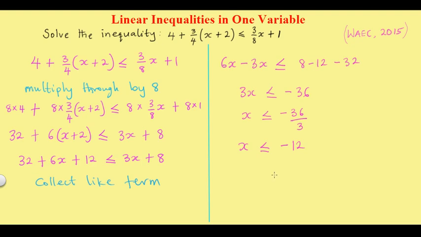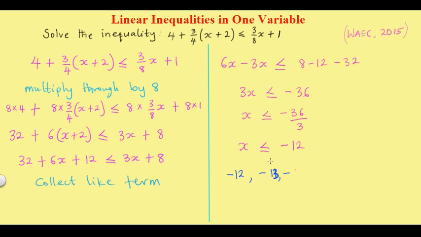What does this mean? It means for this inequality, the range of values of x that satisfy this inequality will be from negative 12 down to negative 13, because we are dealing with figures that are less than negative 12.